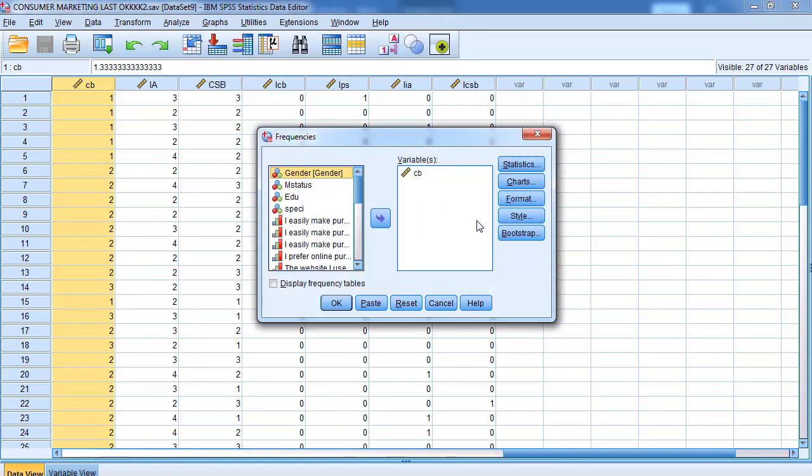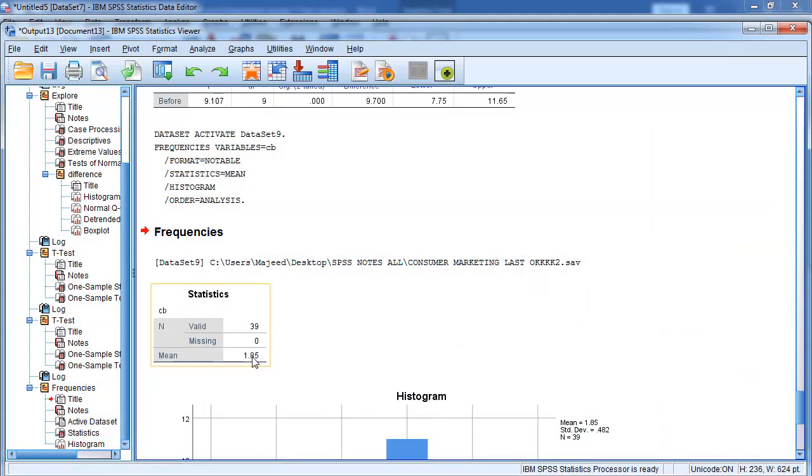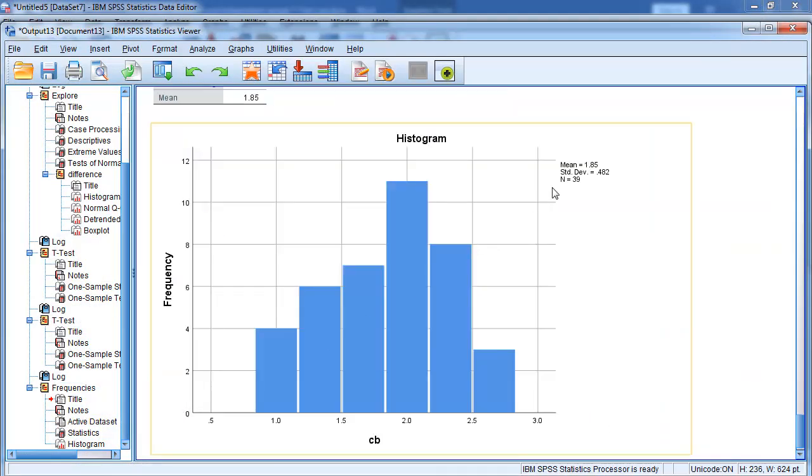You can see the statistics, the mean. Press OK. You can see the mean is 1.85. In the diagram, we can put the median point between 1.5 and 2. Let me say 1.5 as a population mean.